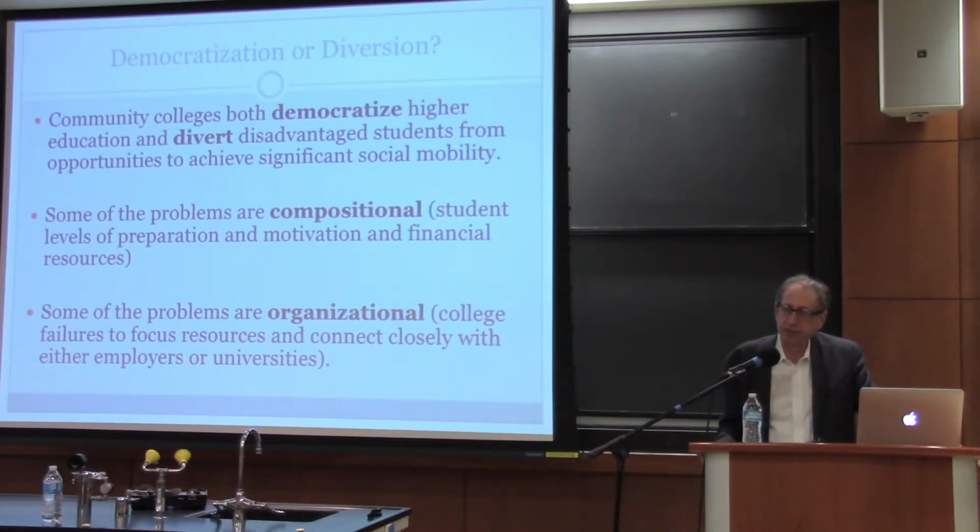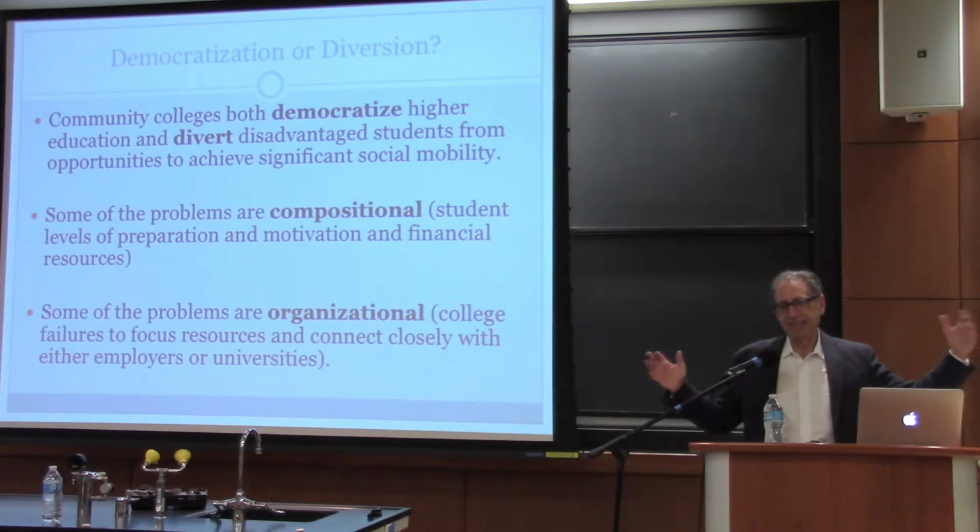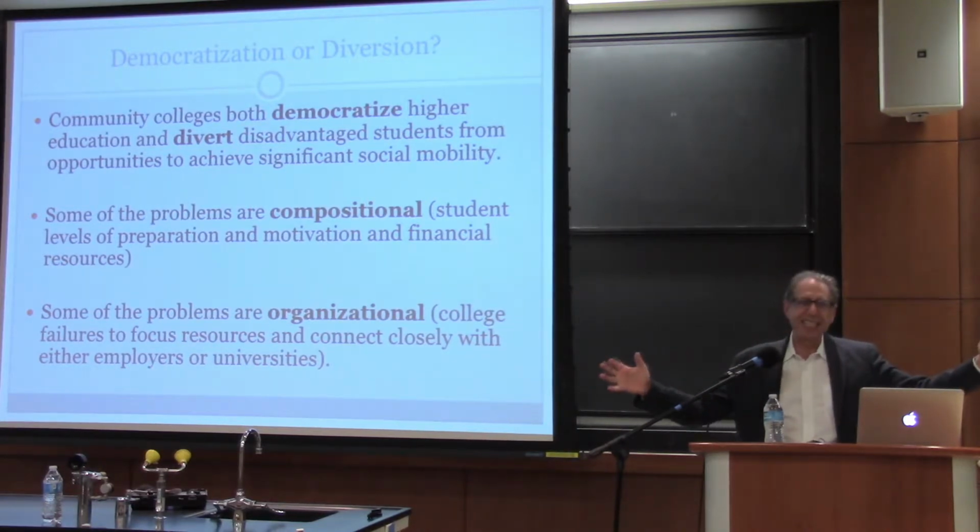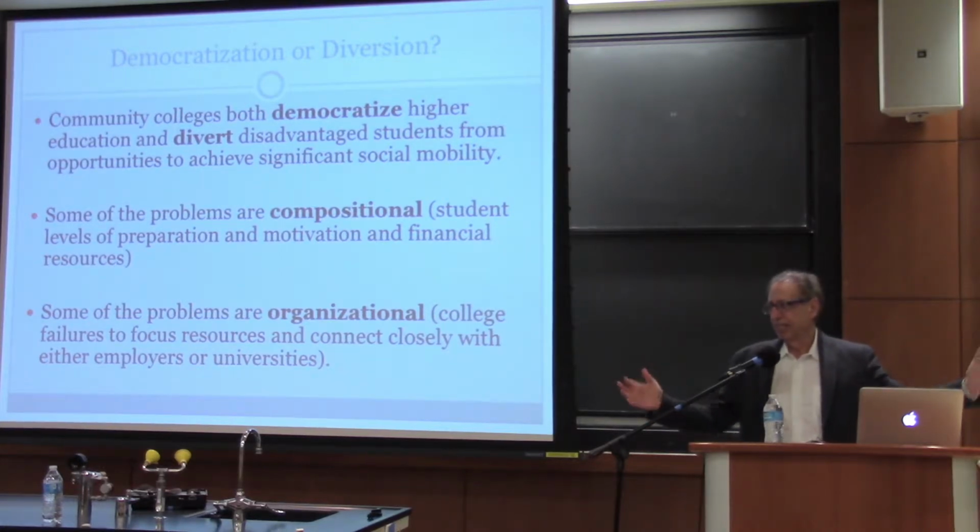There were failures to focus resources on helping students transfer or to stay closely connected with either employers or universities, and that created a situation where lots of community college students didn't actually finish any degree, but dropped out before completing any degree.